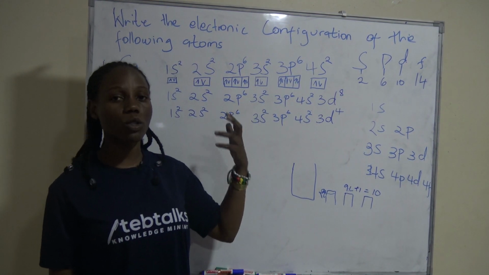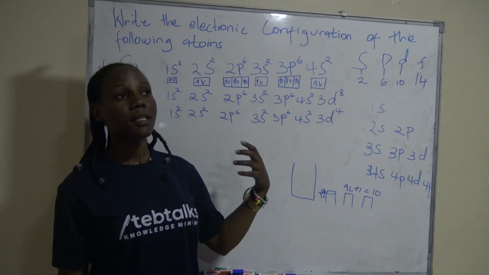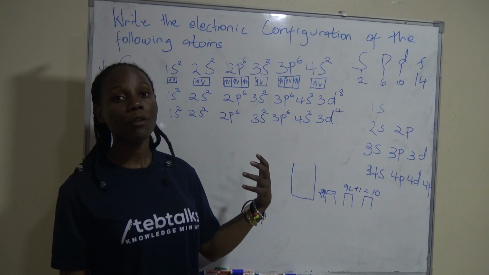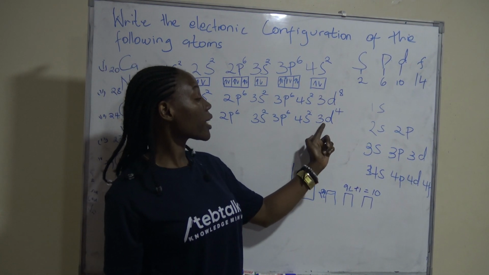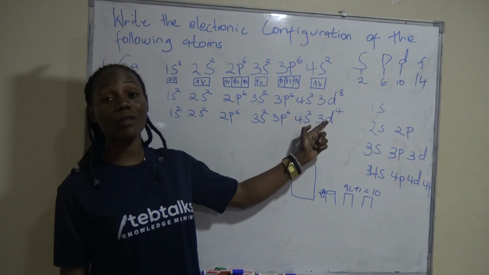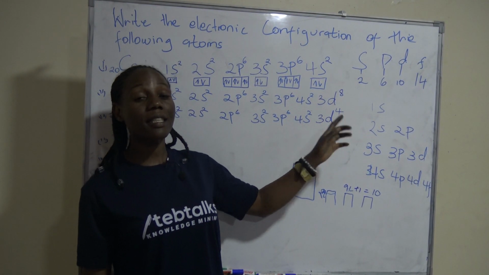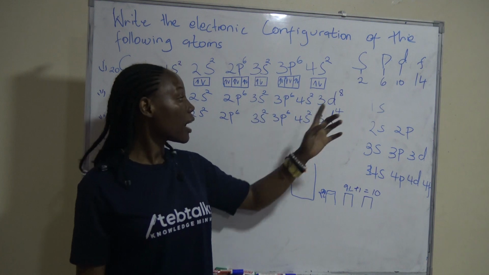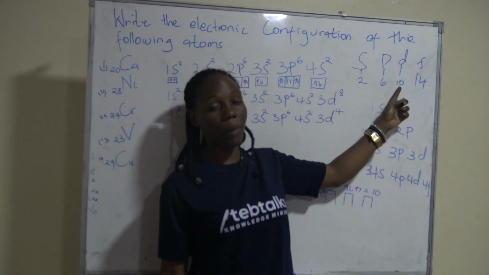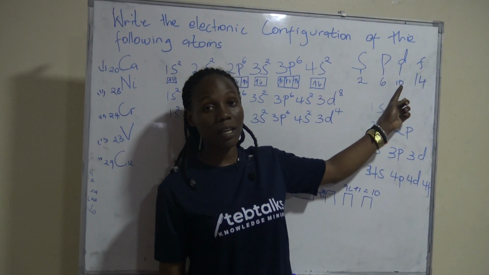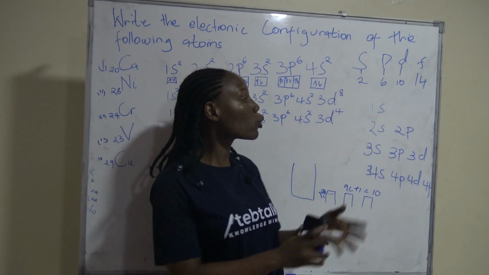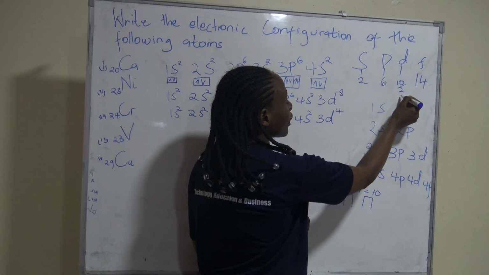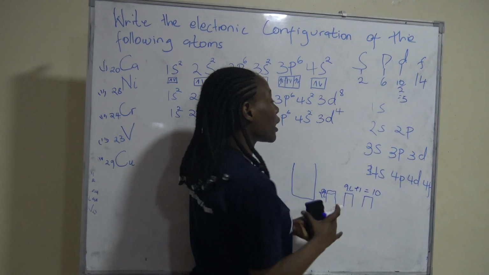I remember yesterday I was talking about something like half filled. So this d shell is very unstable, having only 4 electrons. The d can accommodate a maximum of 10 electrons, which means its half would be 5 electrons.